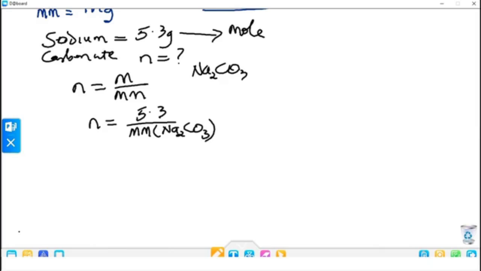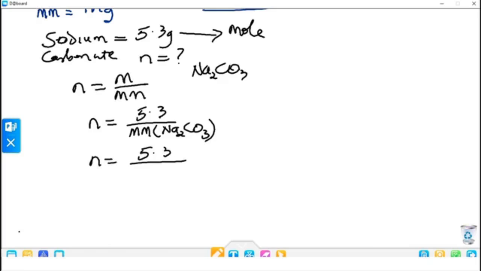And what is the molar mass? We are going to do it now. The molar mass of sodium carbonate can be calculated easily. We have seen that before. Sodium is 23, carbon is 12, and oxygen is 16.